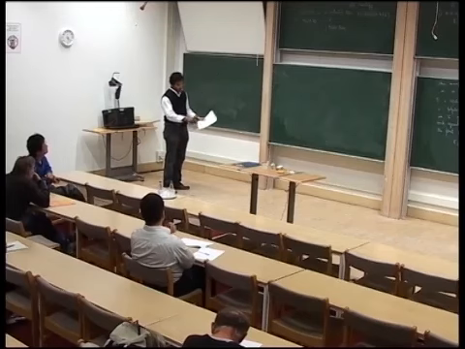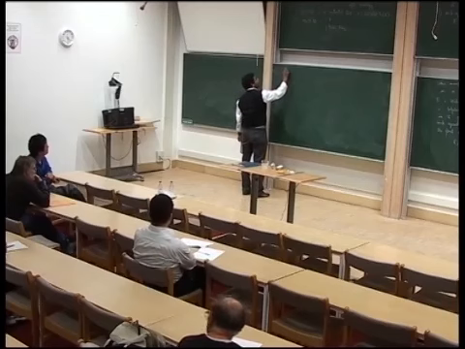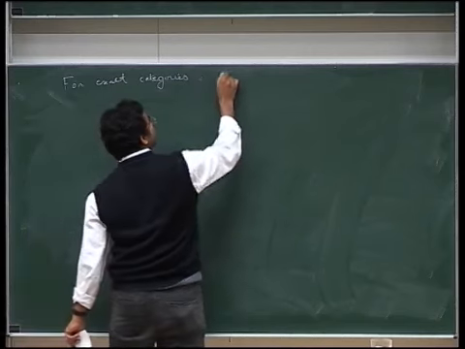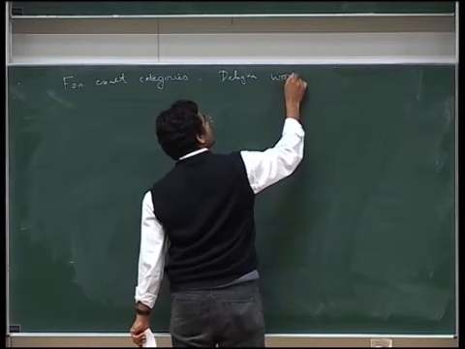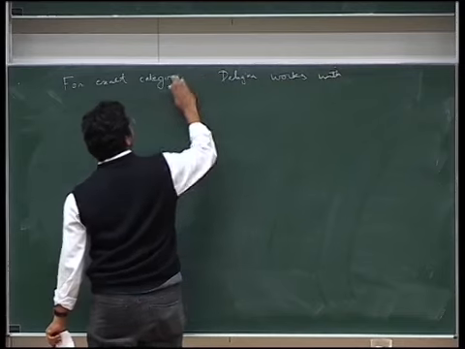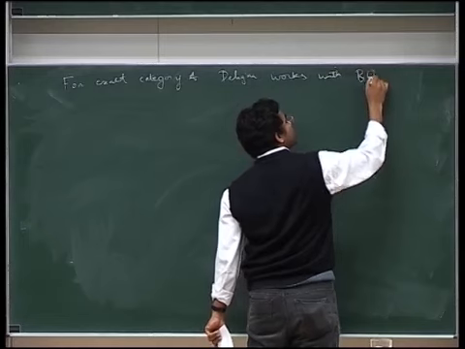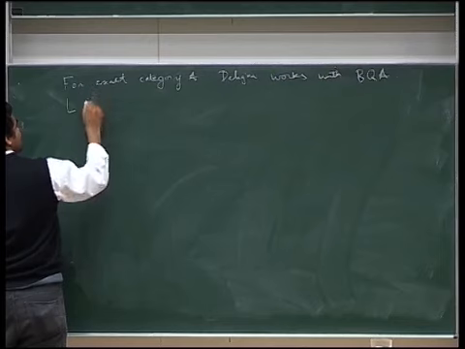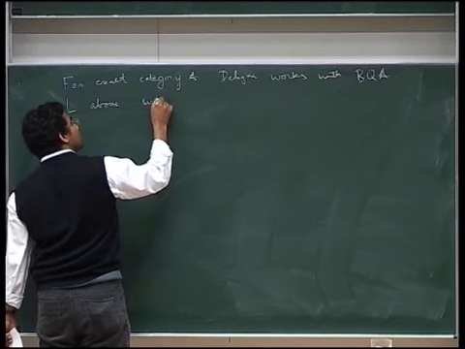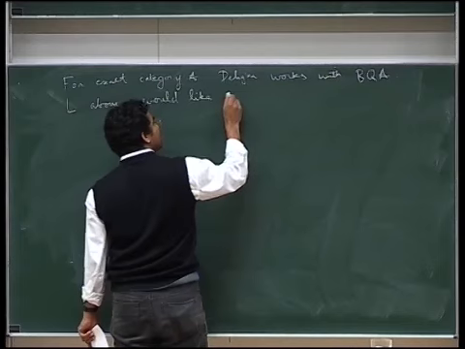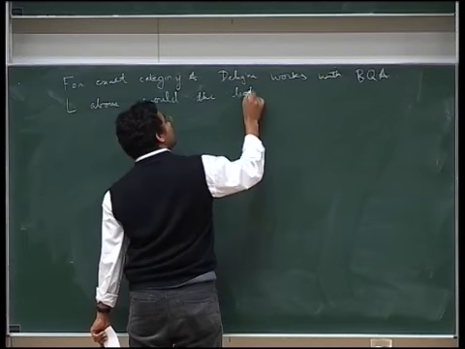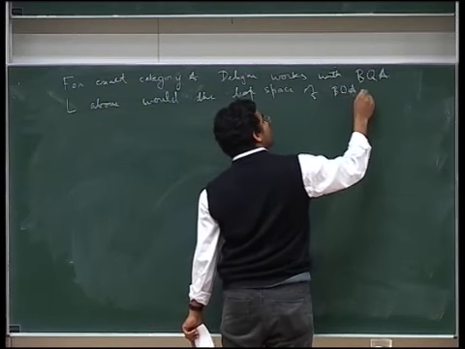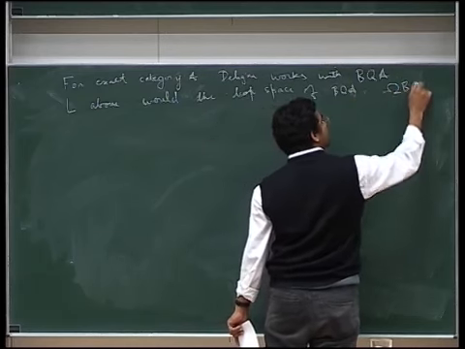For an exact category A, Deligne works with the topological space BQA, and the L above would be the loop space of BQ.